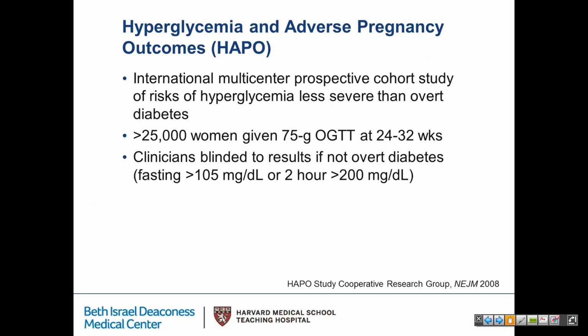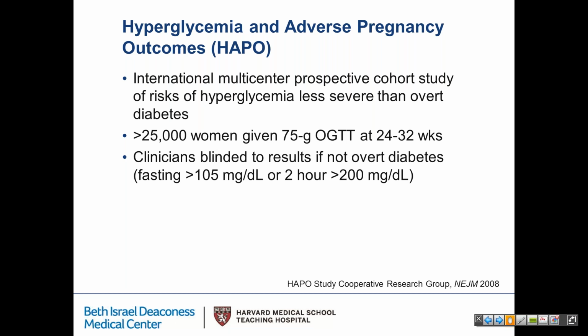The Hyperglycemia and Adverse Pregnancy Outcomes study was then another attempt at demonstrating whether or not there was some relationship between maternal glucose levels and outcomes that could help establish a diagnostic threshold for the diagnosis of gestational diabetes, or help bring us to some consensus.